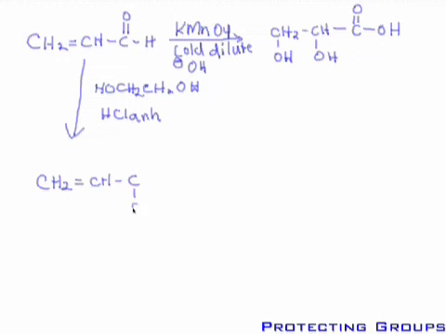And you'll get an oxygen, CH2, CH2, oxygen, and it'll bind here, and you have the H. You will get a full acetal. Now, this acetal is stable in base. And acetals are resilient to oxidation.